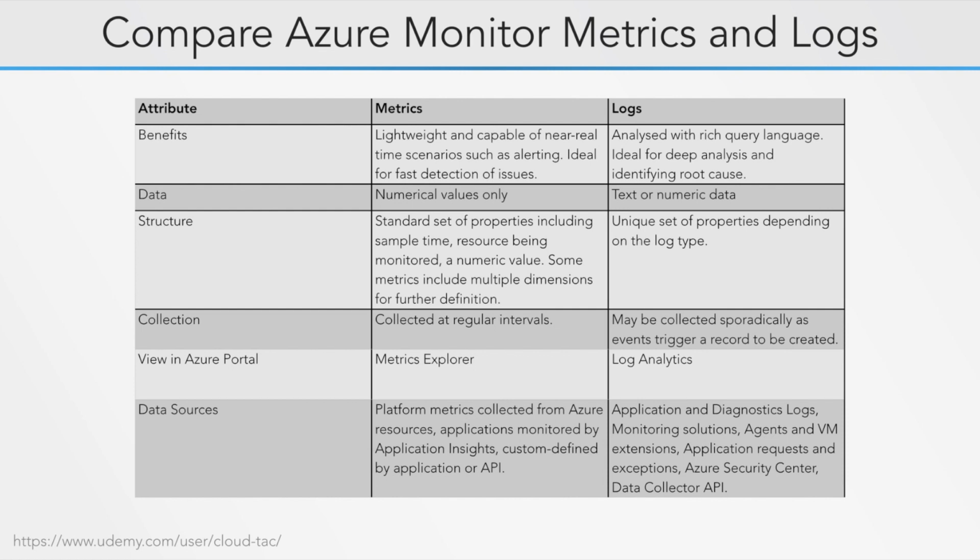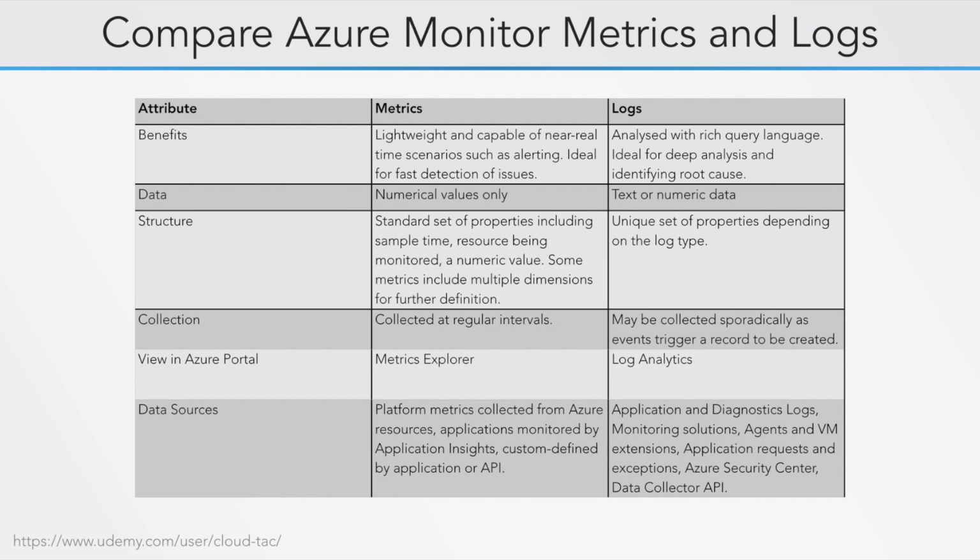Both metrics and logs can be viewed via the Azure portal, but metrics are viewed through the Metrics Explorer and logs are viewed through the Log Analytics platform. Finally, the data sources for both metrics and logs differ.